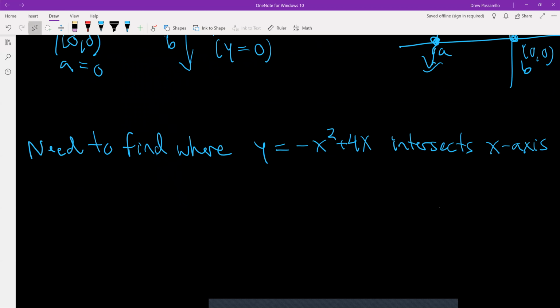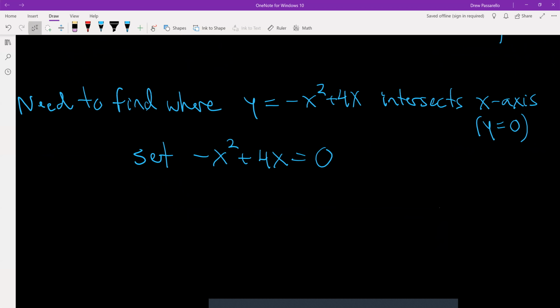Since the x-axis is y equals 0, you set the function itself equal to 0. And then I'm going to factor.